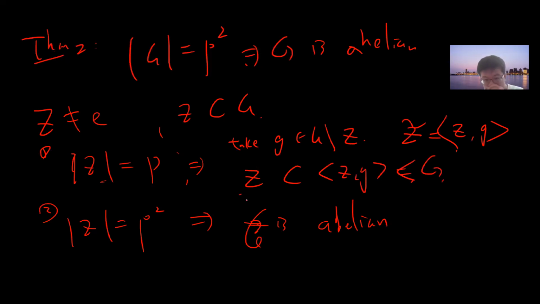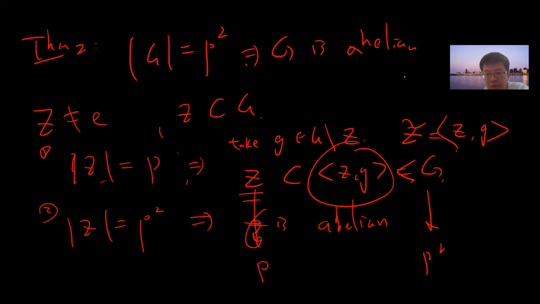But the problem is that Z has order p and this group has order p squared. And Z(g) is different from Z because g is not in Z, which tells you that the only possible case is that this group will be exactly the same as G.